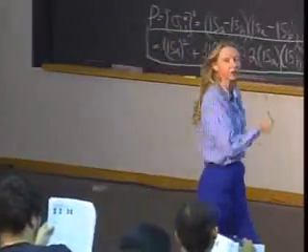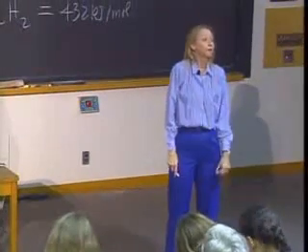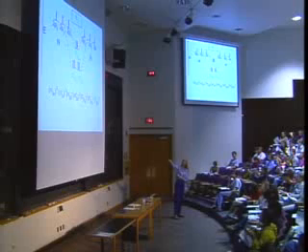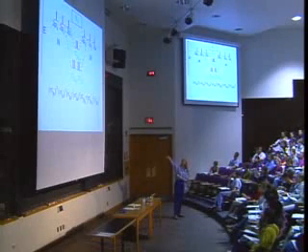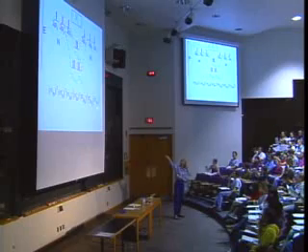Nitrogen has 1 electron in each one of the p states. Let's use the Aufbau principle to fill them up. Well, there it is. 2 here, 2 here, 2 there. The electron configuration is the 1s's and the pi 2px2, pi 2py2, and now sigma 2pz2.